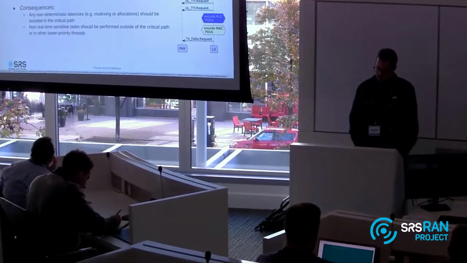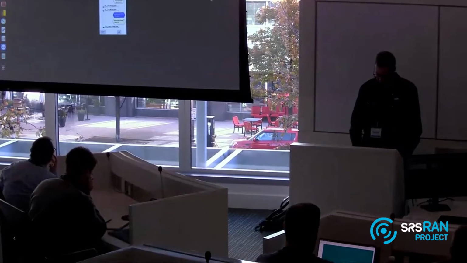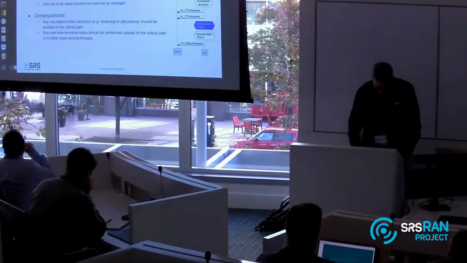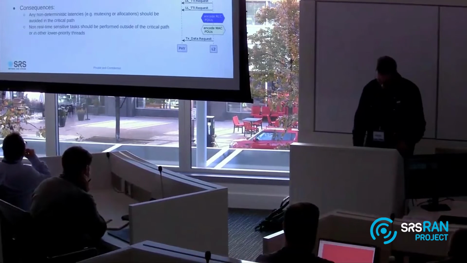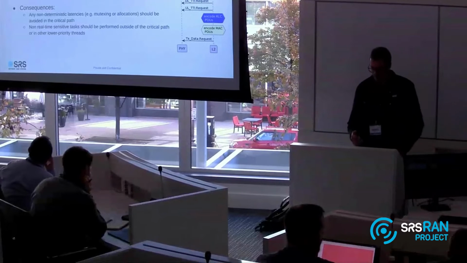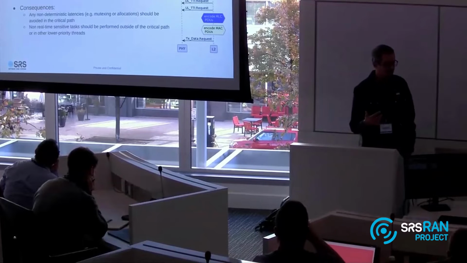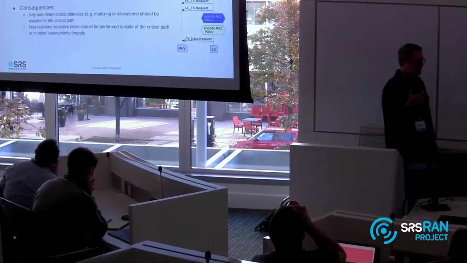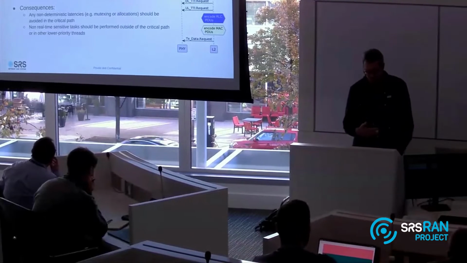The first one is the scheduler decision. It decides, essentially generates the downlink TTI and uplink TTI messages. It decides what will be scheduled in the downlink and what will be received in the uplink.